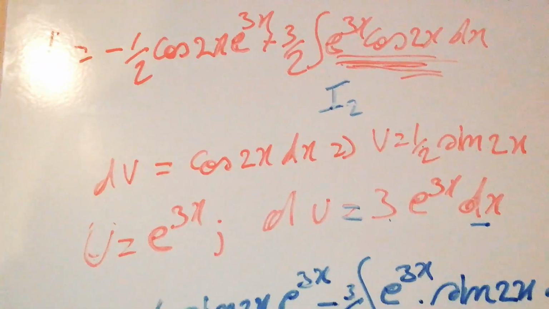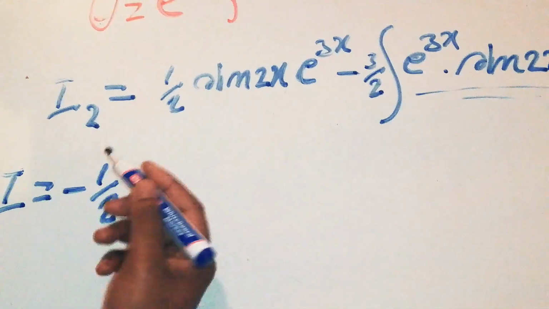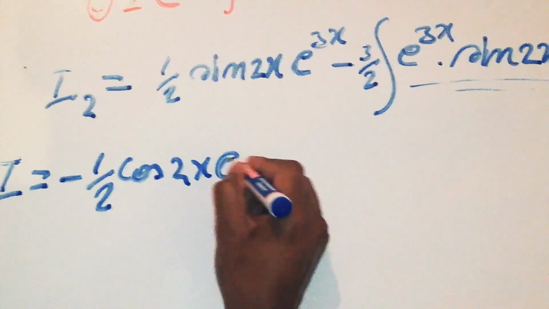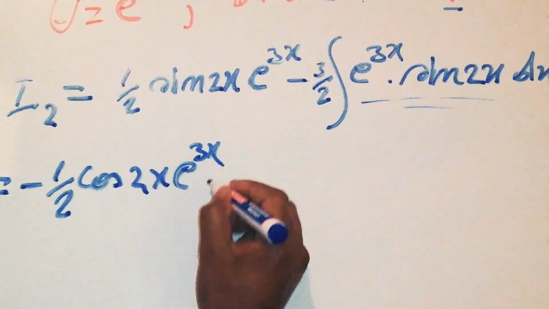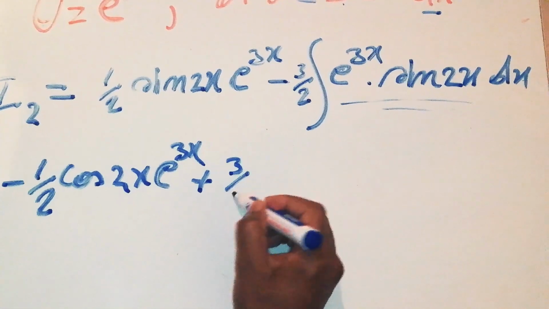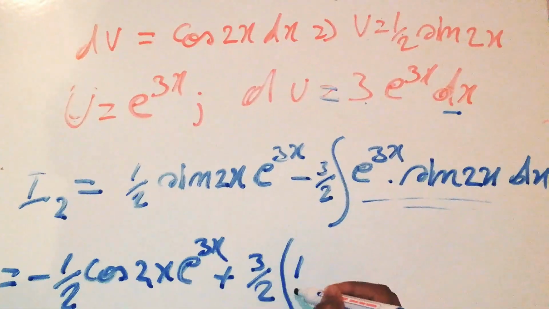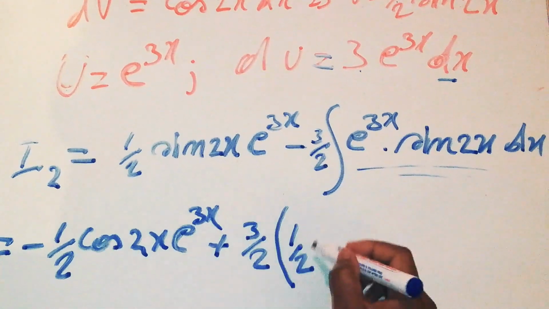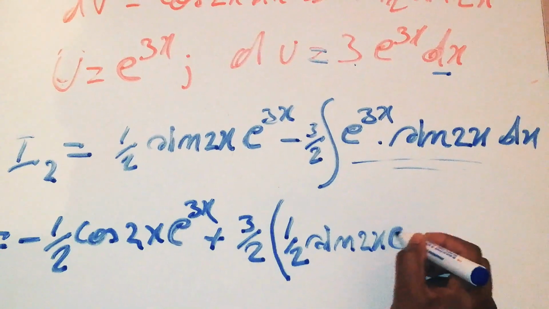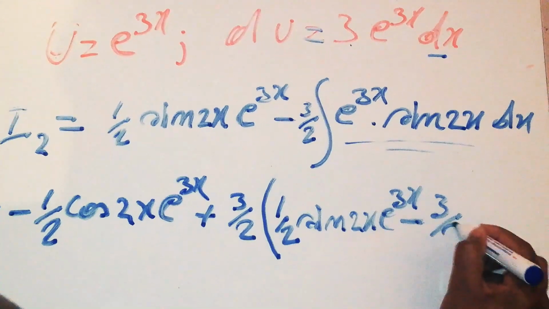So then the integral of everything will be minus 1 over 2 cos of 2x e exponent 3x plus now 3 over 2, open the bracket, 1 over 2 sine of 2x e exponent 3x minus 3 over 2.